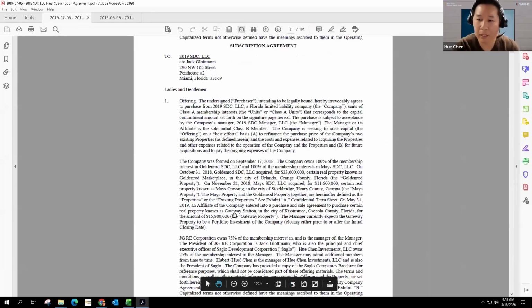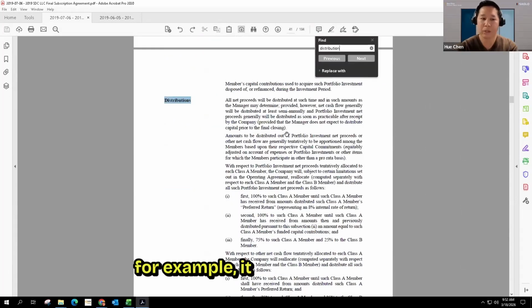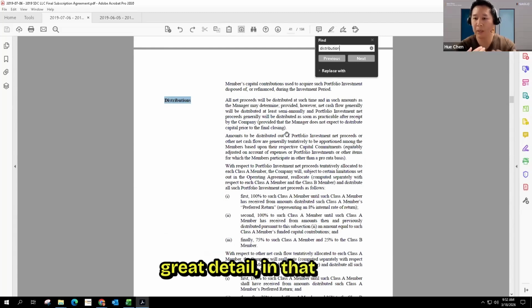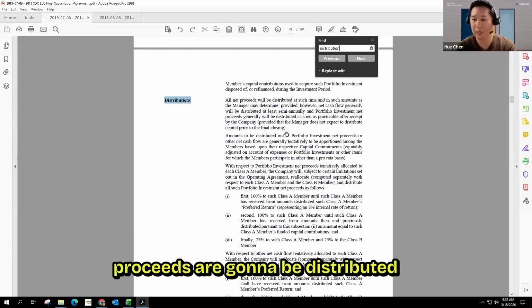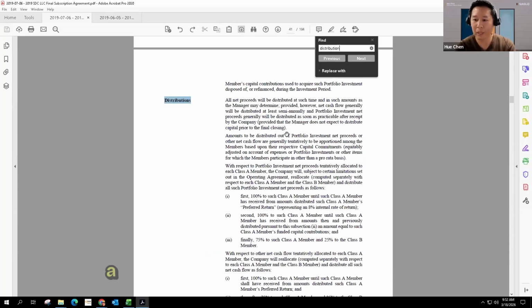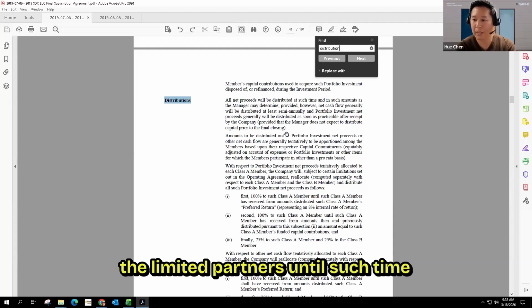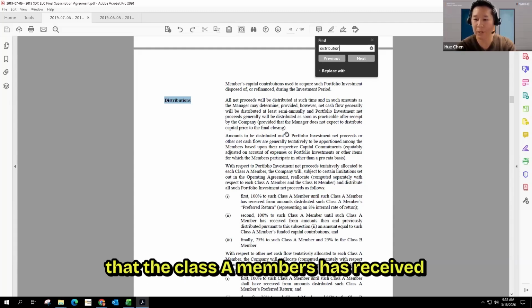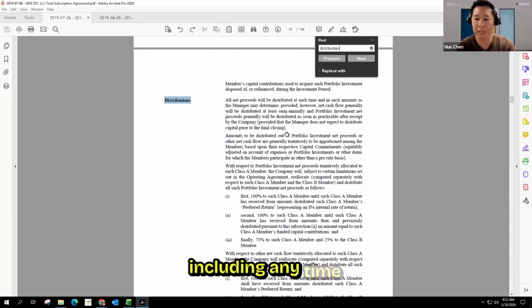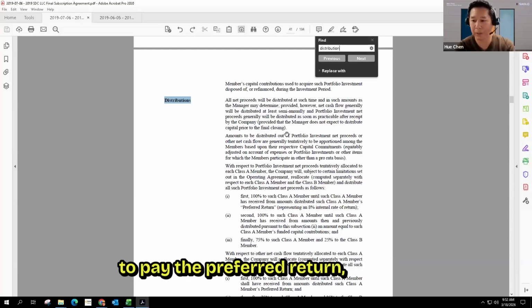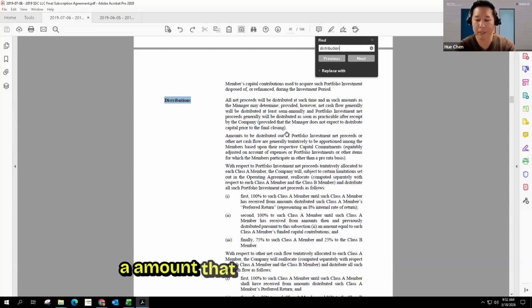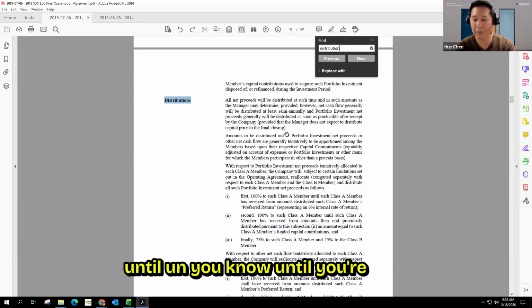And for example, it spells out in great detail that all net proceeds are going to be distributed in a specific manner. 100% of the proceeds are distributed to the Class A members. Those are the limited partners until such time that the Class A members have received all of their preferred returns, including any time that in the past, if you weren't able to pay the preferred return, there's an amount that you have to catch up until you're able to surpass it.